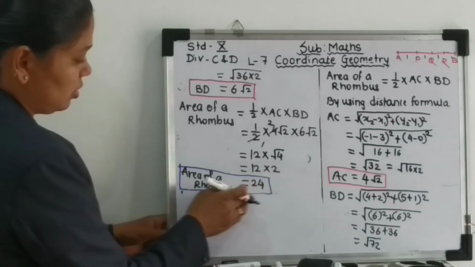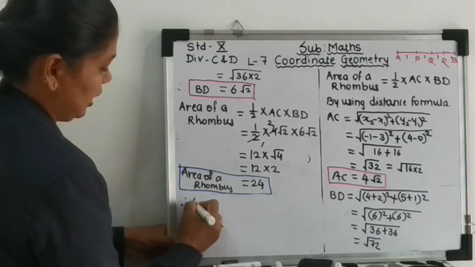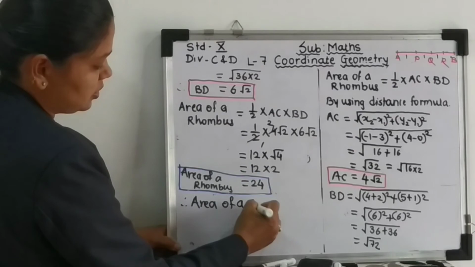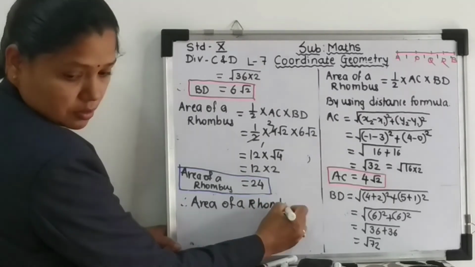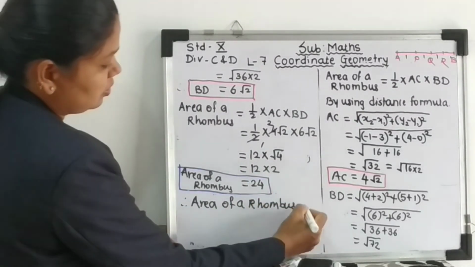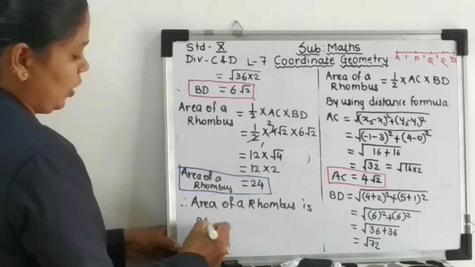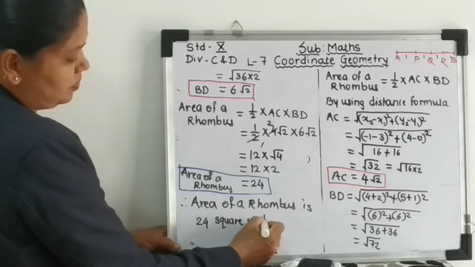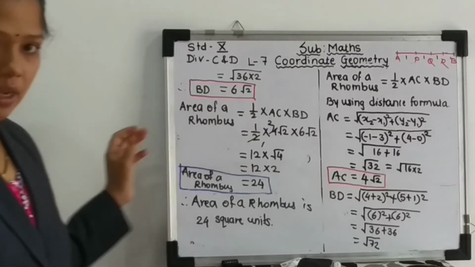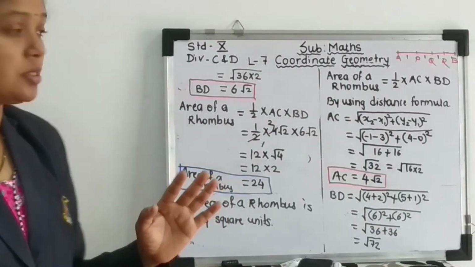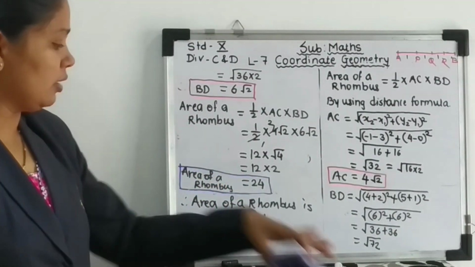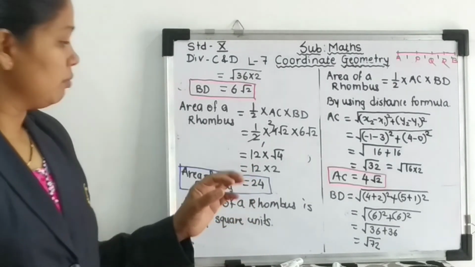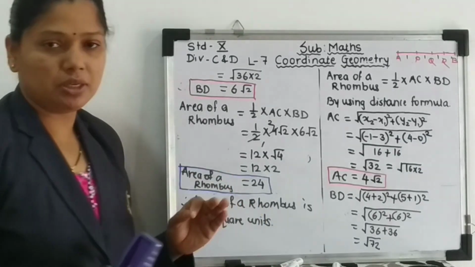Therefore, the area of the rhombus is 24 square units. See, we have found the area, and I am always talking about the units. Whenever units are not given, we directly write units, but that unit square we should mention over there, because meter or centimeter is not mentioned.